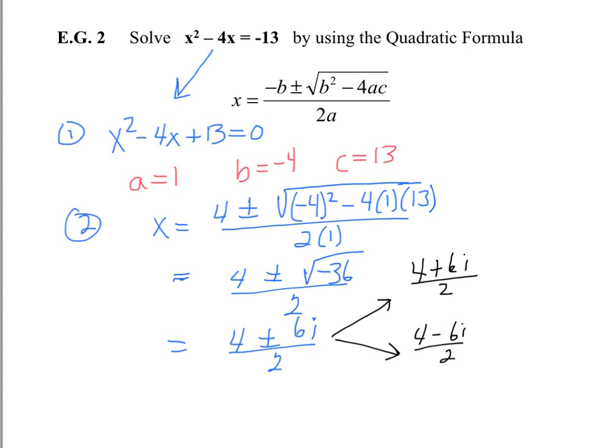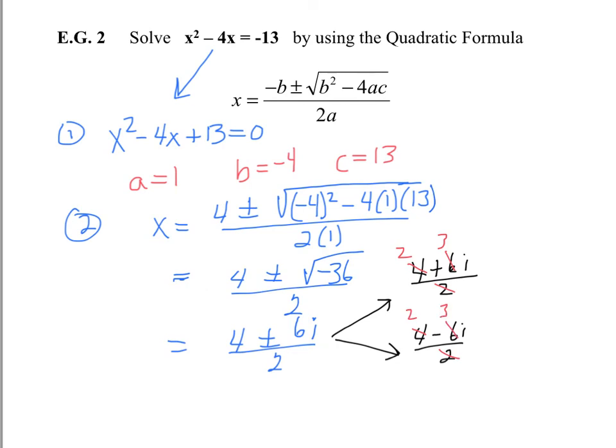Same thing here. Technically we're pretty much done, but you can reduce because we're dividing by 2 here. 2 divides into both of these numbers. So if it is divisible, you should divide them and get 2 here and 3. And then same thing here. You can reduce those numbers. Reduce, divide, I don't know which term you want to use.